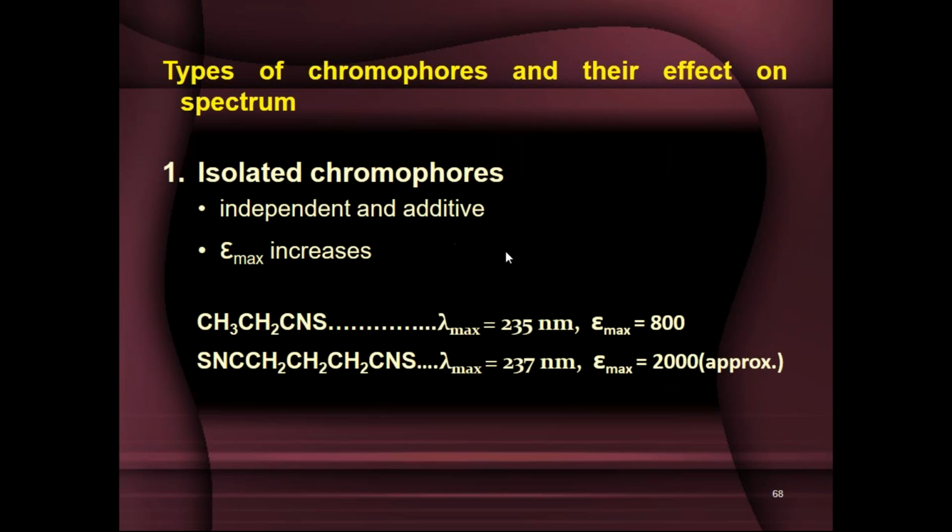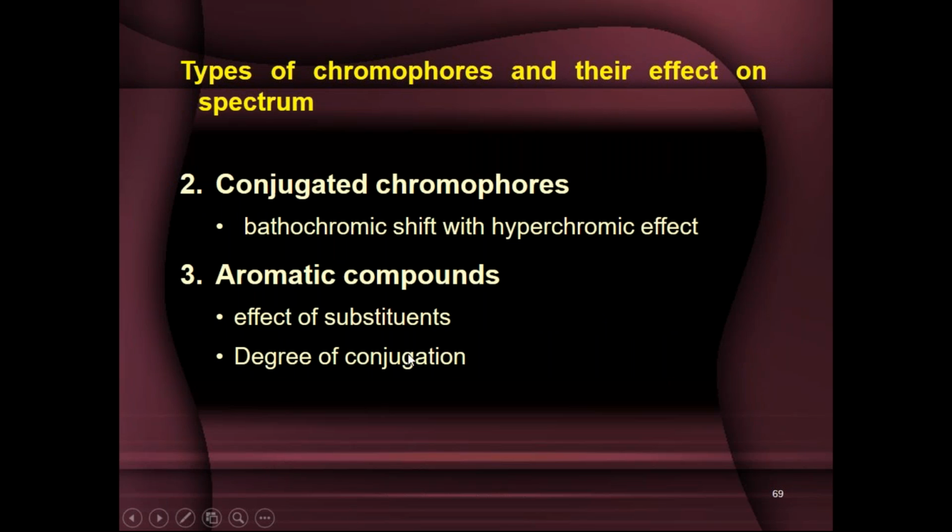But their effect is additive, so each produces 800 plus 800, and that's why approximately it comes to 2000 epsilon max, a little over double the intensity. So this is the effect that is produced by isolated chromophores.